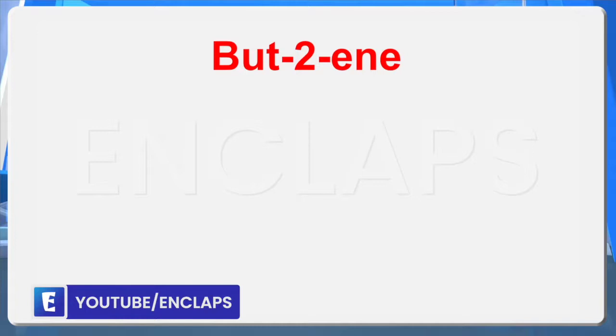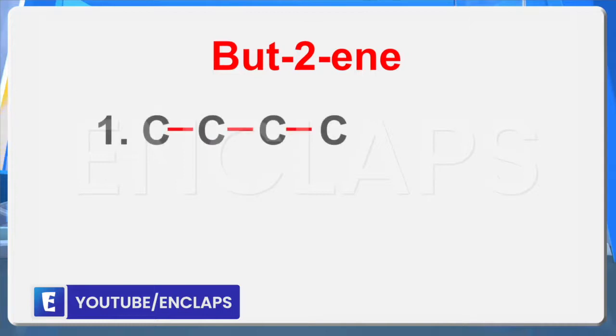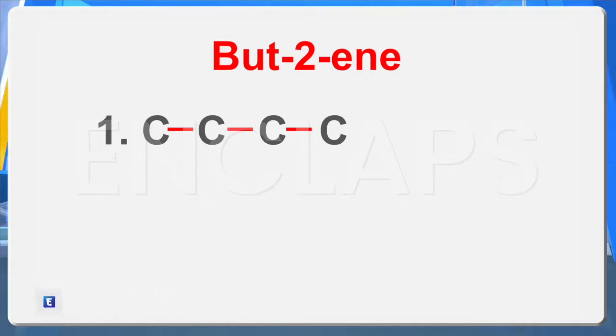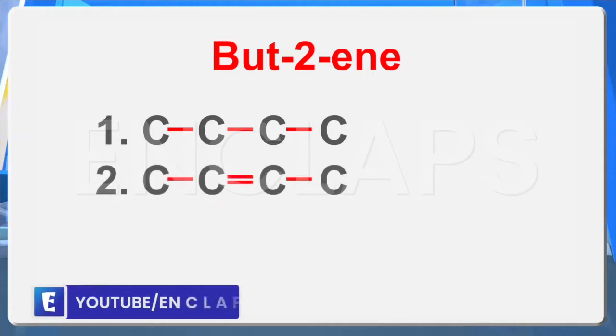Here, the word root is but. So, the main carbon chain contains 4 carbon atoms. Then, what is the position of the double bond? But-2-ene. That means a double bond comes in the second carbon, in between the second and third carbon atoms. So, we put the double bond.